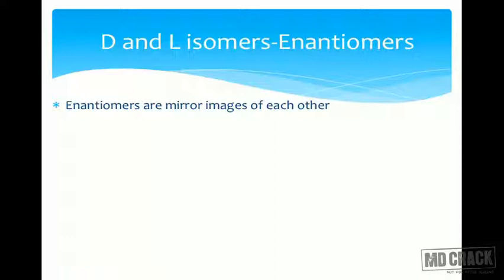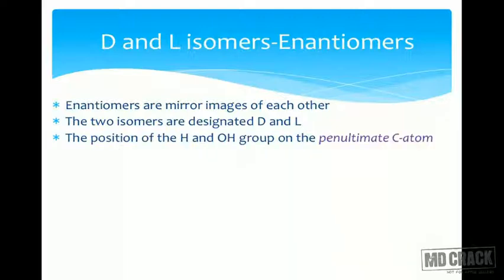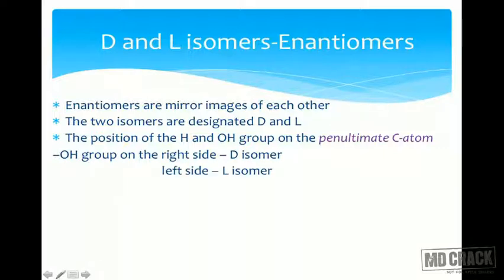Now, you need not go so much into the details of it. What is important is D and L isomers are mirror images of each other, and the position of the H and OH group around the penultimate carbon atom. So, if the OH group is on the right side, as you can see here, we call it the D isomer, and if the OH group is on the left side, we call it the L isomer.